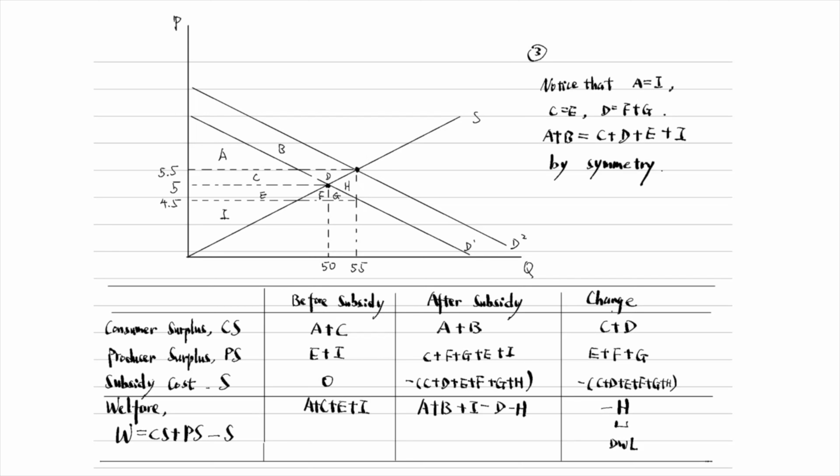Social welfare equals consumer surplus plus producer surplus minus the government subsidy cost. The loss in social welfare is H, which is also known as the deadweight loss to society. In the graph, it is the wedge between the price producers receive and the price consumers actually pay.